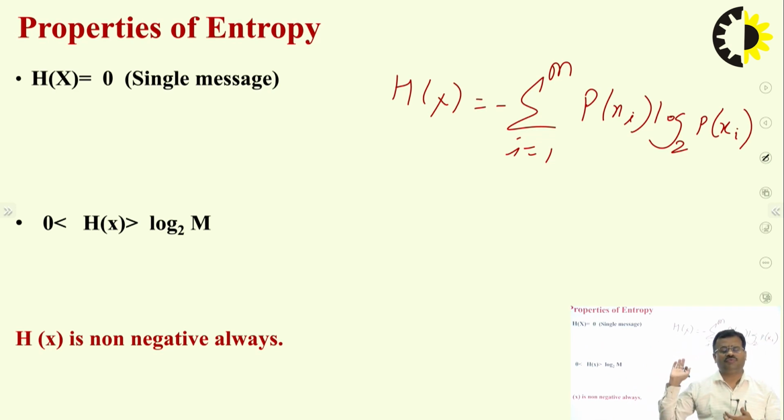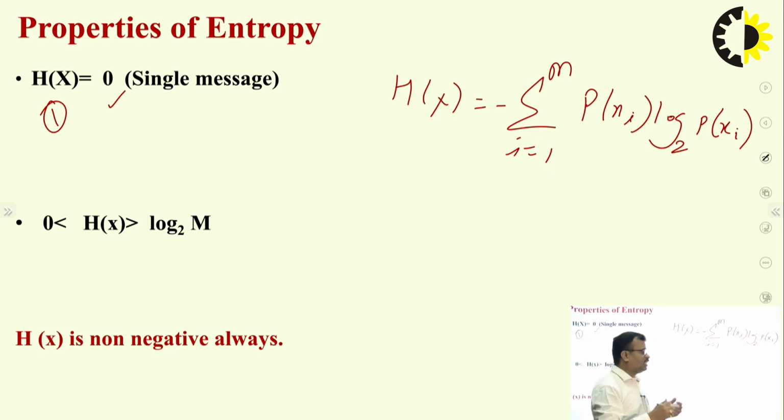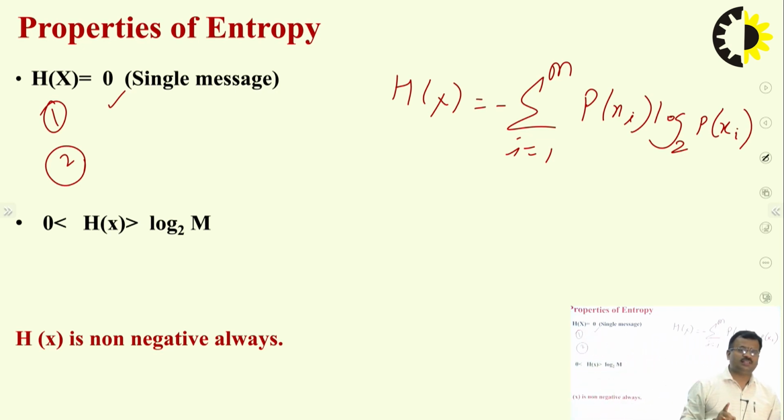If you put it in the formula, P of X for a single message is equal to 1, so you will get H of X equal to 0. The first property: if you have a single message, your entropy will be 0. Second, if you have several messages, but only one message has a probability of 1 and all others have a probability of 0, again your entropy will be 0.